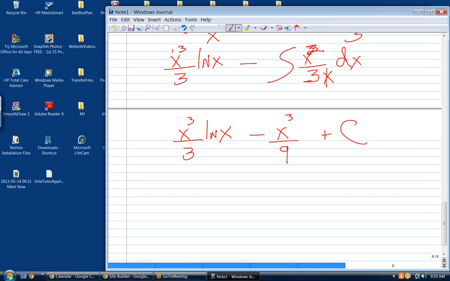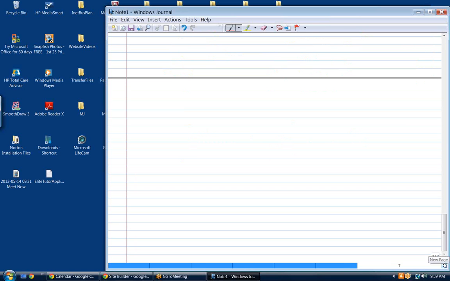Let's do one more that involves an inverse trig function. And I have one here. Okay, go ahead. The integral of inverse cosine of x dx.